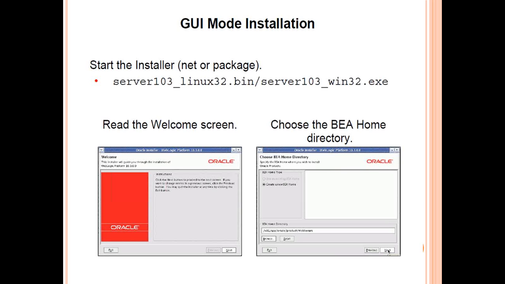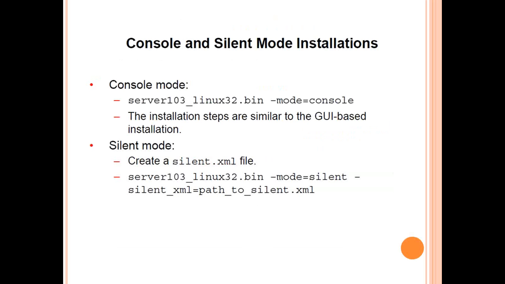So coming to the console mode of installation, we invoke the console mode of installation with this command. After the installer name, give the option -mode equal to console. It will start your WebLogic installation in the console mode. So console mode is nothing but without any graphics, just like your putty session.